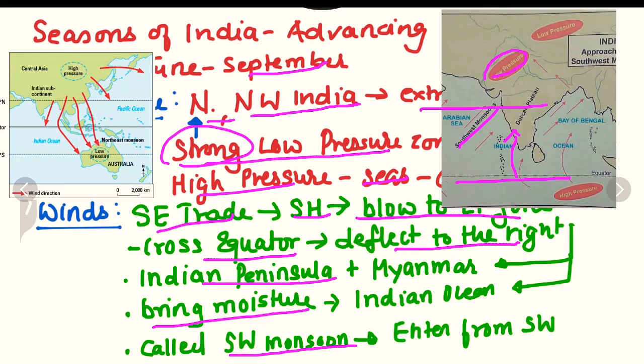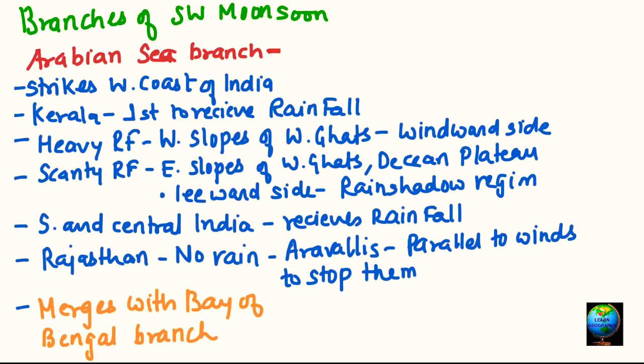This image shows how they are diverted towards their right, and even Myanmar and the Indian Peninsula receive rainfall because of this. The Indian Peninsula divides the southwest monsoon into two branches, the Arabian Sea Branch and the Bay of Bengal Branch.